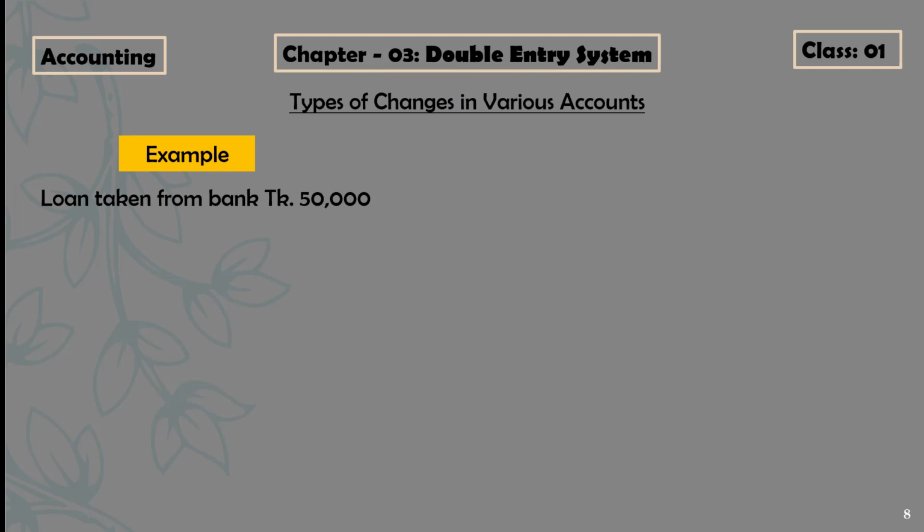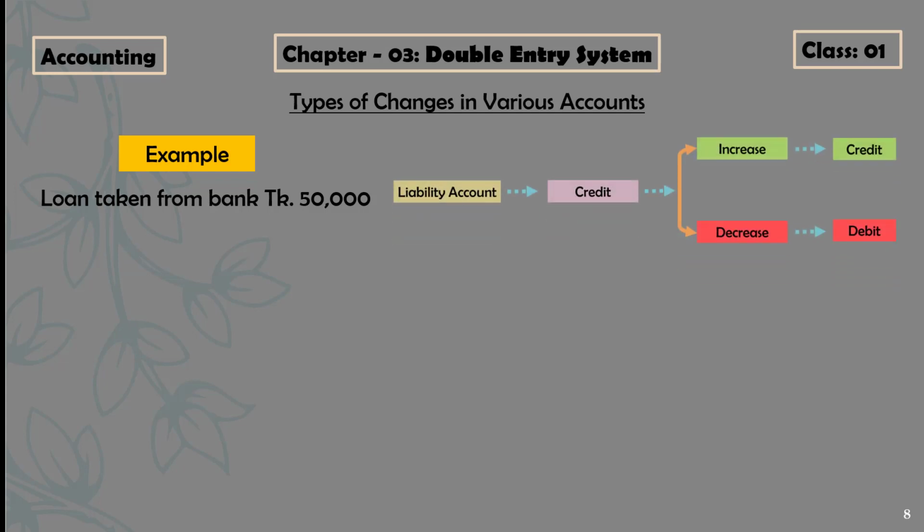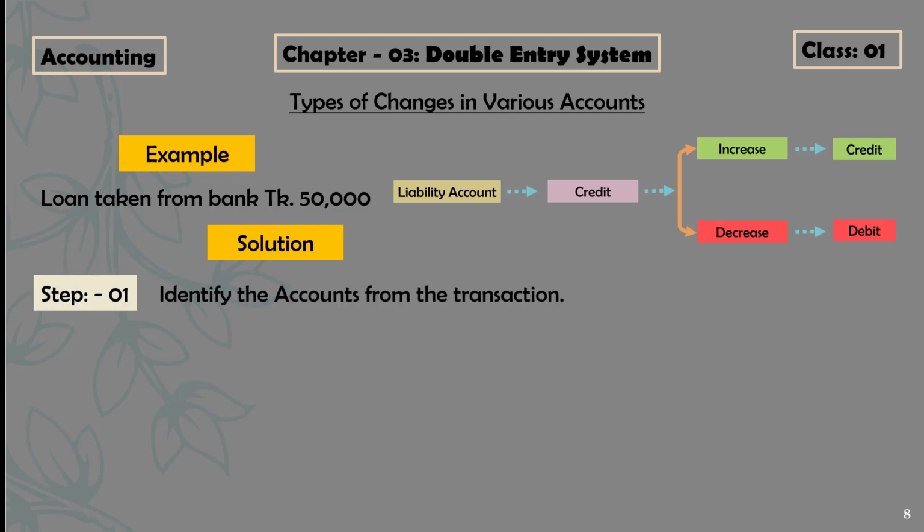Loan taken from bank, taka 50,000. Here is our flow chart for our use, and let's see the solution. Step 1, identify accounts from the transaction.